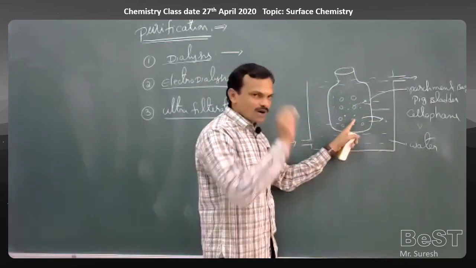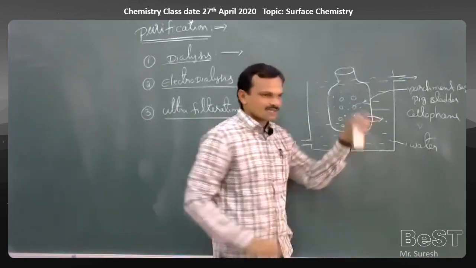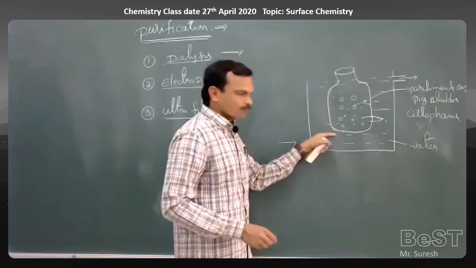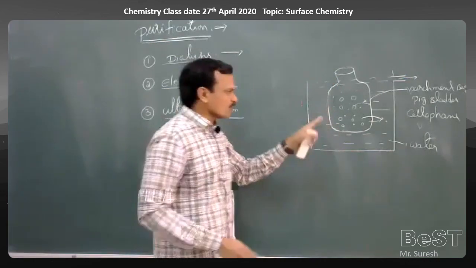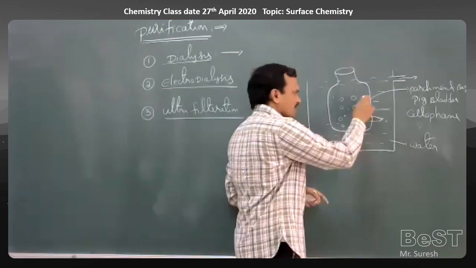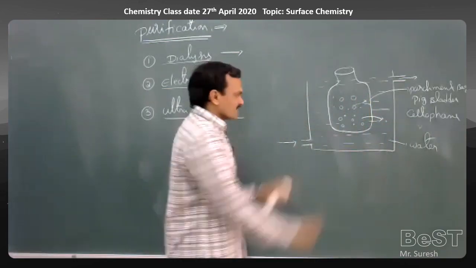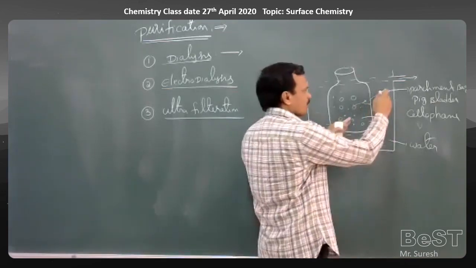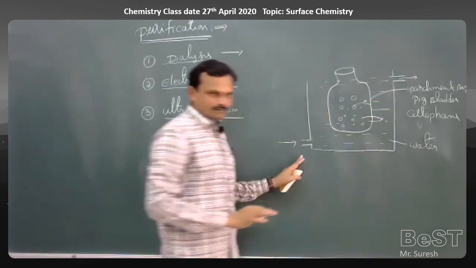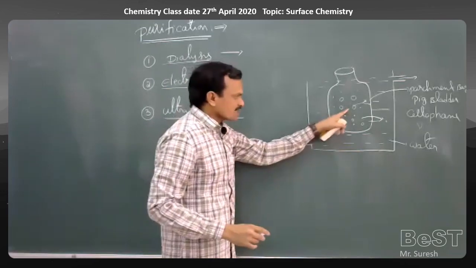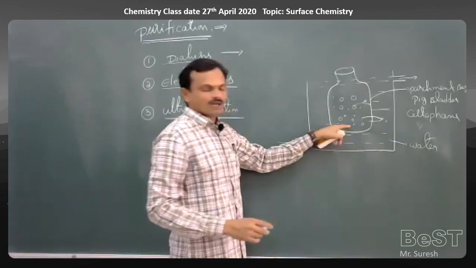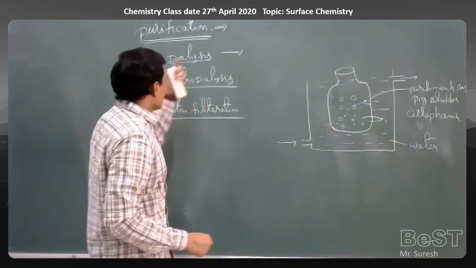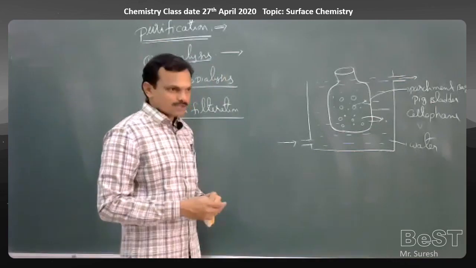It allows only small particles having a size less than 1 nanometer. These have minute pores, micropores, and through these micropores only electrolyte particles will come outside, not the colloidal particles. These electrolyte particles coming out of the parchment membrane will be removed along with the circulated water. As a result, the concentration of electrolyte particles in the colloidal solution will decrease to a required level. That means we can keep the colloidal solution stable.